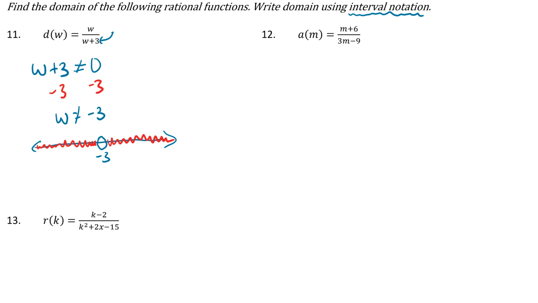It just can't be -3. So we're just going to write these two parts separately. So for the first part, that's -infinity all the way up to -3 with a parentheses because we don't want -3. Alright, union, the second part would be -3 to positive infinity. And that would be our answer.